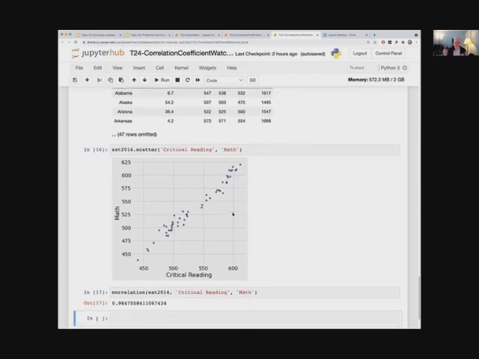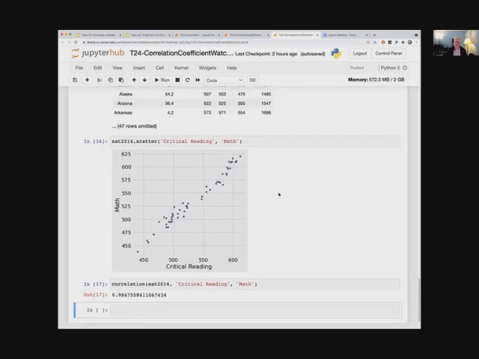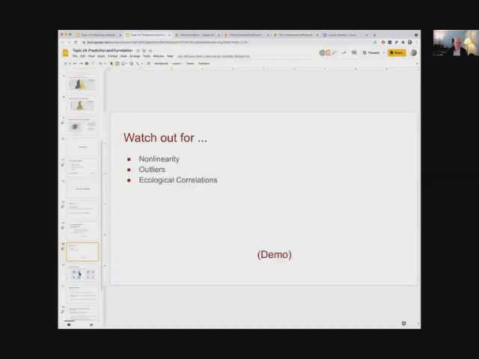If you actually looked at individual students, you're going to see a much larger variation in these scores. So that's something to be aware of, especially when you're doing your projects and especially if you're looking at big summary data. That's just something to keep in mind.